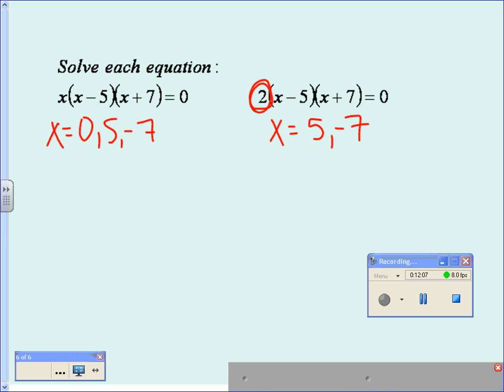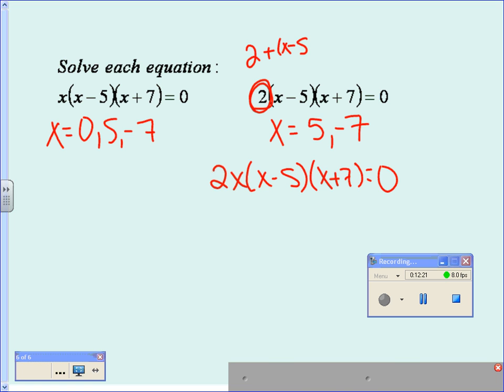No, it wouldn't do that. But if it was like this, no, they won't do that. Looking at this one, what would be your x value? Why is there a 0 on this one? 2 times x equals 0.